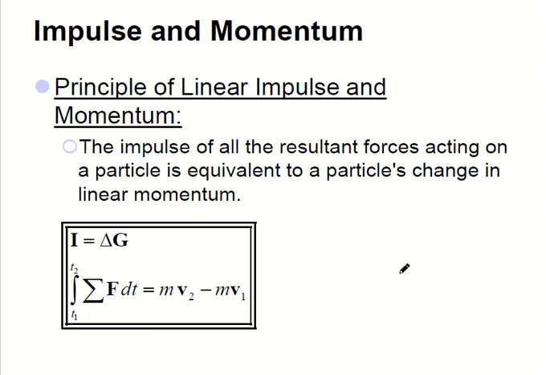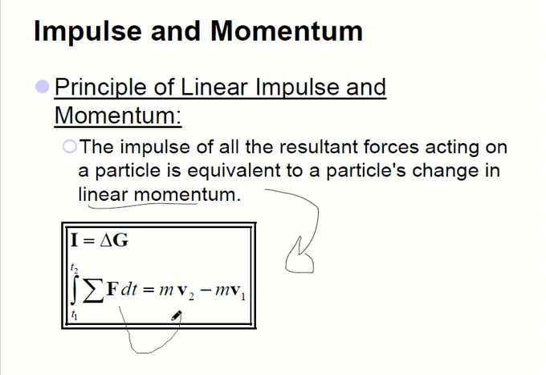Principle of linear impulse and momentum. The impulse of all the resultant forces acting on a particle is equivalent to the particle's change in linear momentum. So we're going to put that into a mathematical equation. Impulse equals change in momentum. In calculus, we write it this way: we're integrating the sum of force with respect to time, so you're going to get mv2 minus mv1.